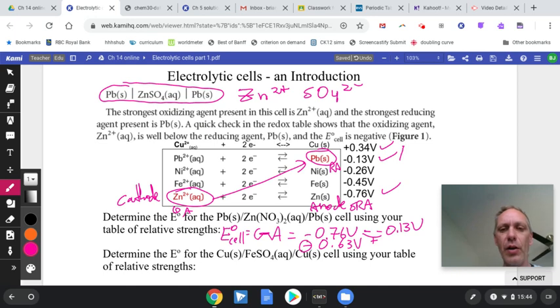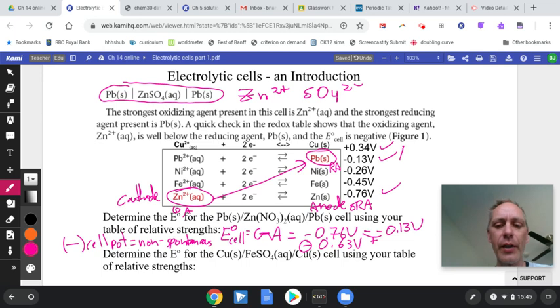Negative meaning non-spontaneous. Negative cell potential equals non-spontaneous.